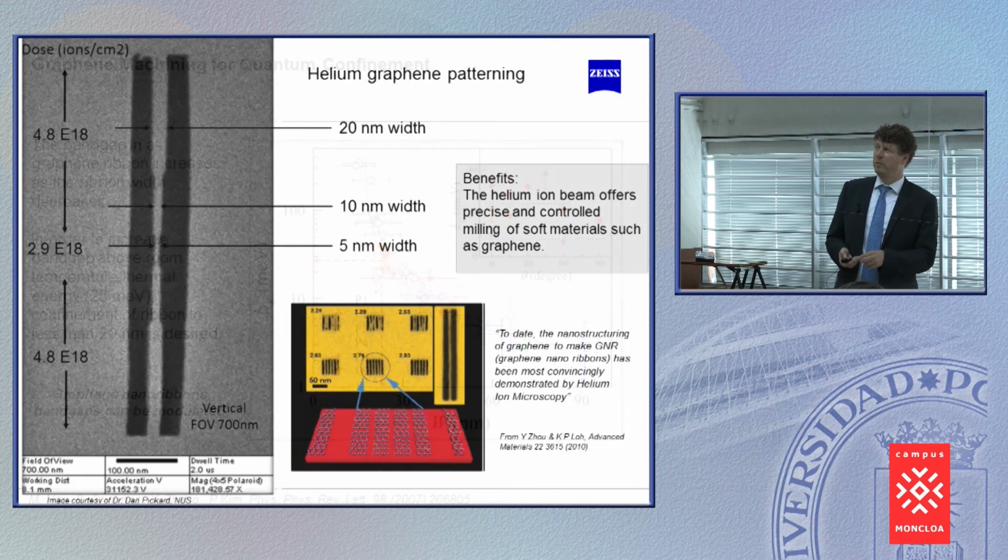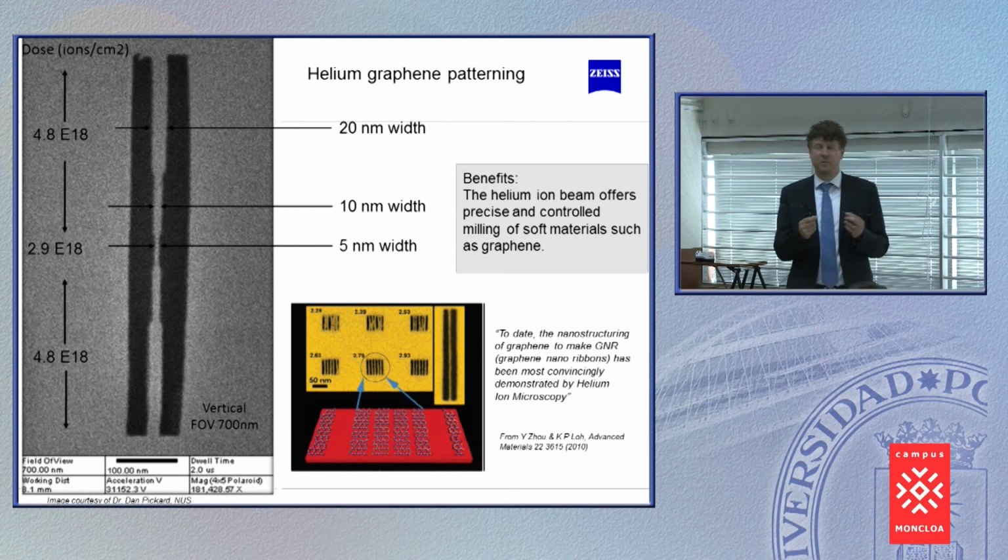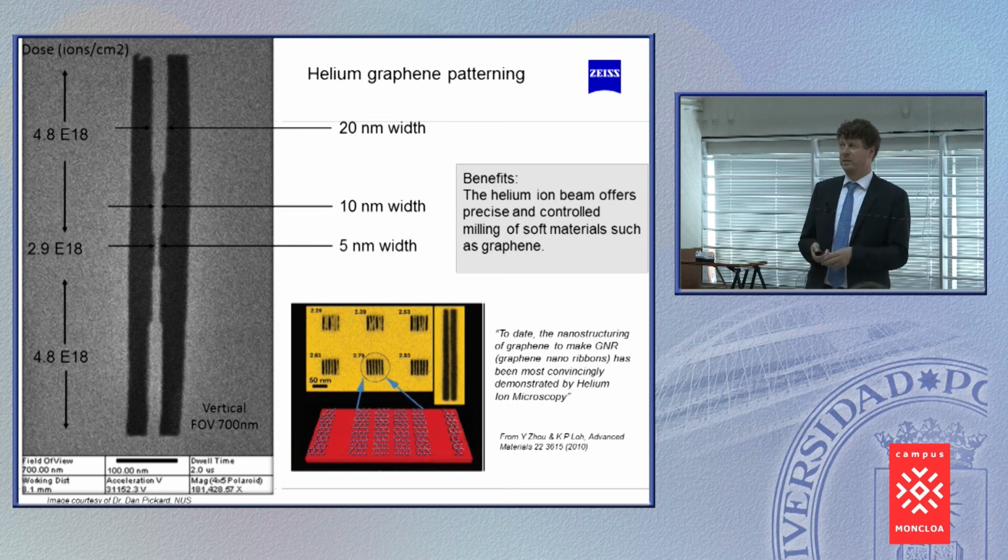Therefore, we made an experiment. This is a monolayer of carbon here, and we tried to reduce the width of the ribbon to its minimum, and we could produce 5 nanometer small ribbons of carbon.